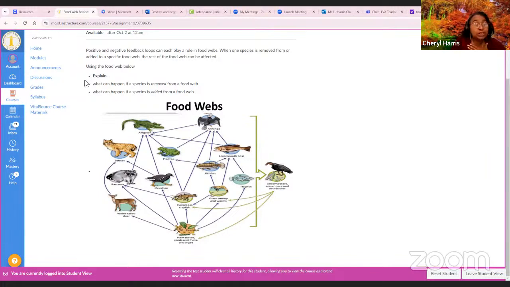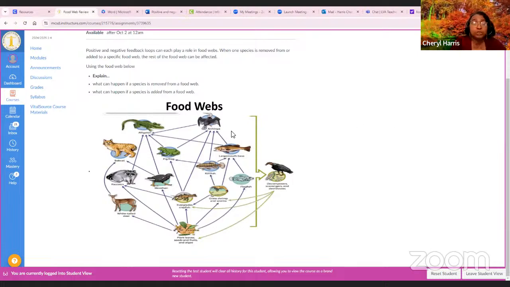You're going to pick one of these organisms and talk about what happens if it is removed, and all the repercussions of that one being removed. So you want a good 5-point answer for that.